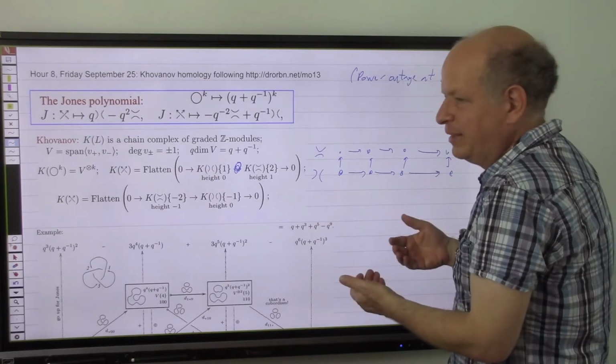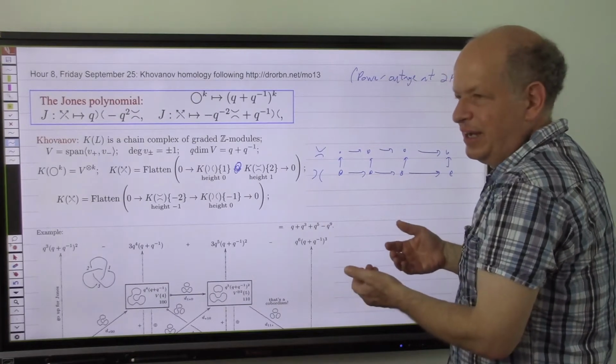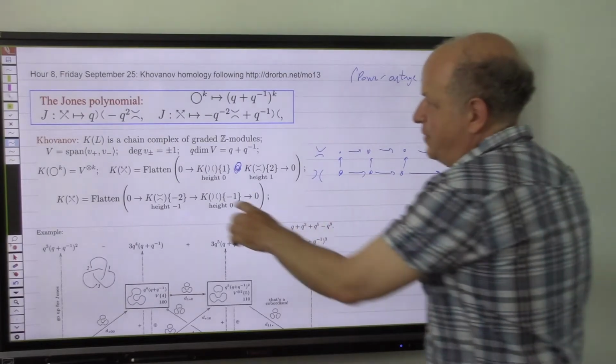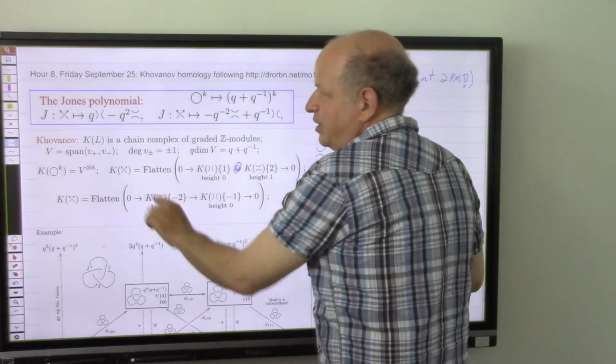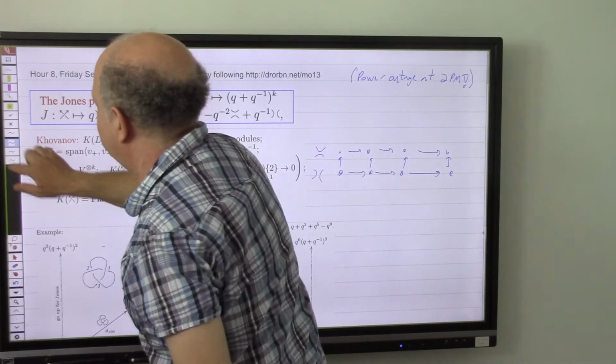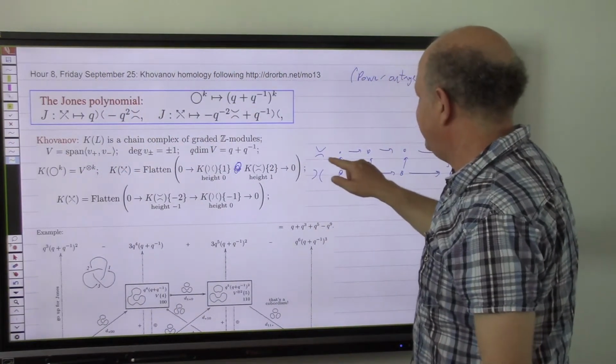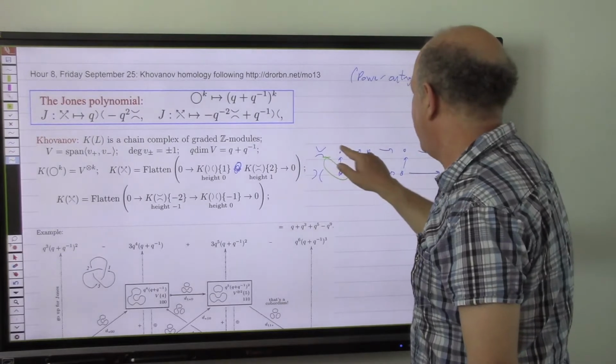But that automatically defines a single complex, and that's this operation of flattening here. The single complex is defined by summing along the diagonals.